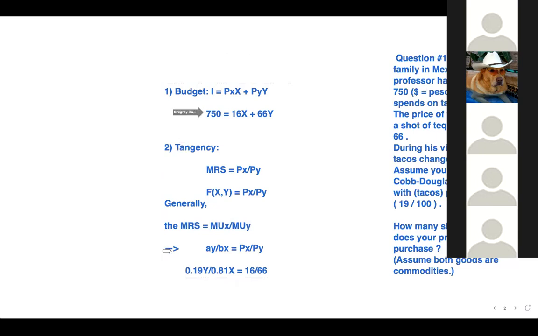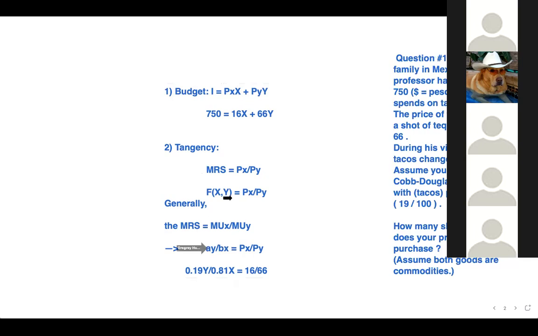We know where this one comes from, but you don't really understand the relationship between the marginal rate of substitution and the price ratio. I understand the MRS equals P of X over P of Y. I just don't understand the alpha Y over beta X. Yeah. Well, if you understand that the marginal rate of substitution is this, then it's just a matter of calculation, algebra, and a little bit of calculus to get you from here to here.